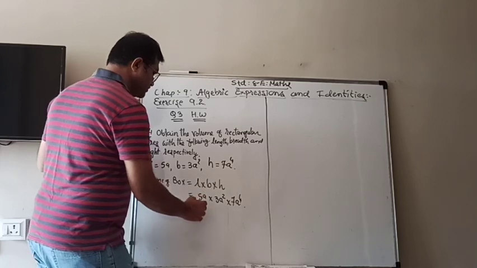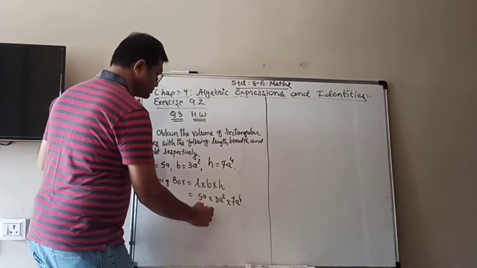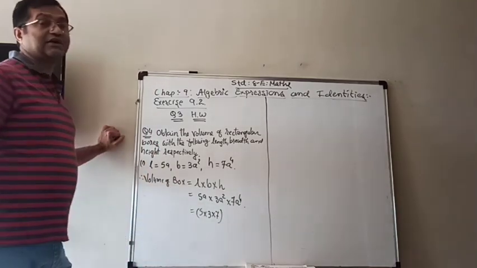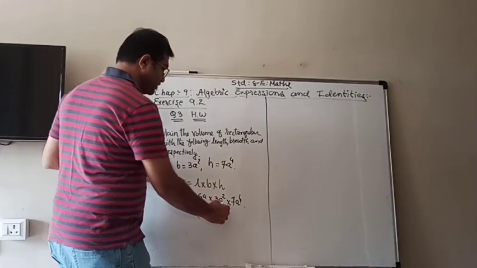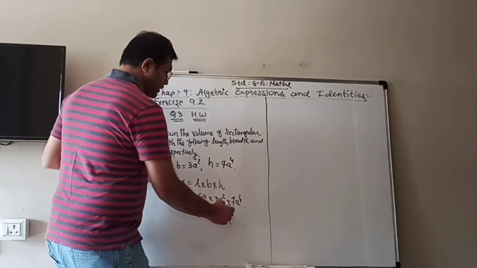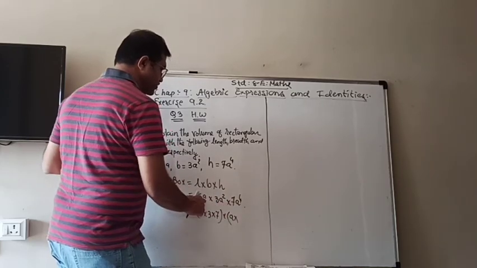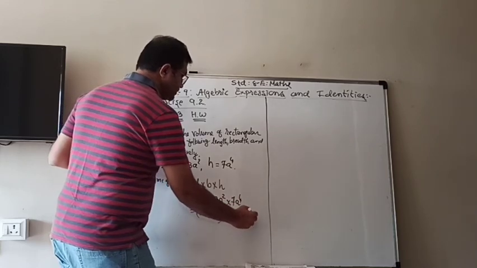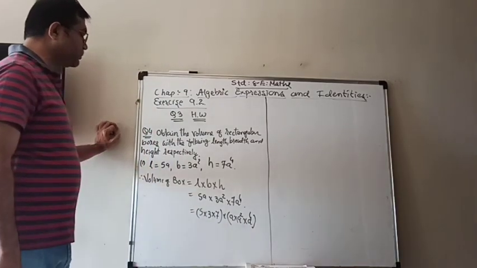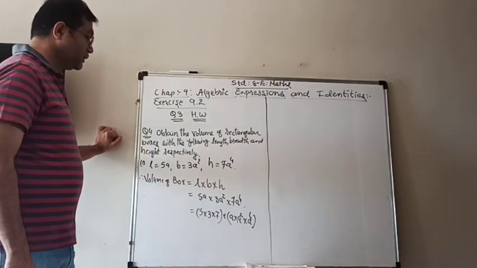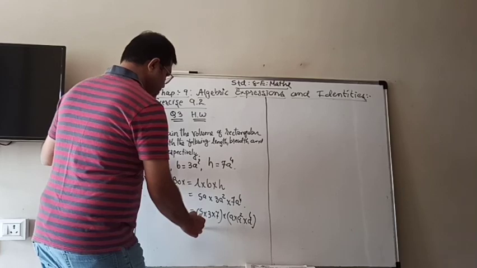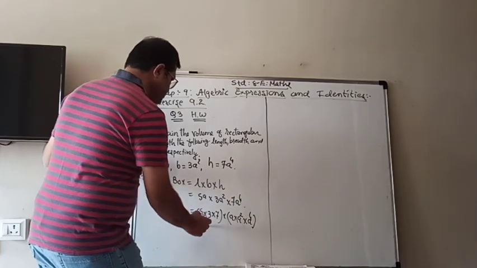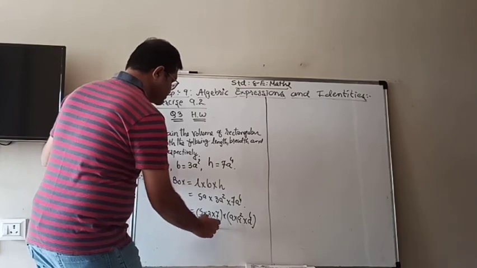Now, first the coefficients 5 multiplied by 3 multiplied by 7, and then the variables, all have the same variable a, so a multiplied by a square multiplied by a raised to power 4. 5 3s are 15, 15 7s are 105.